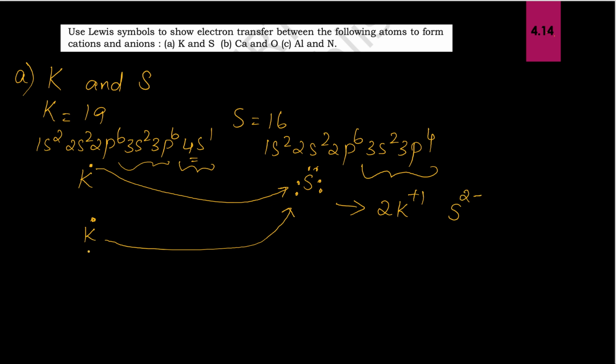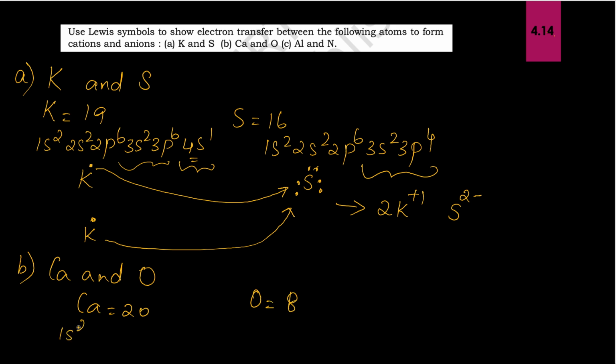Okay, so like this, from the Lewis dot structure, it is easy for us to form a cation and an anion. Now similarly, when you look at calcium and oxygen, calcium atomic number is 20 and oxygen atomic number is 8.